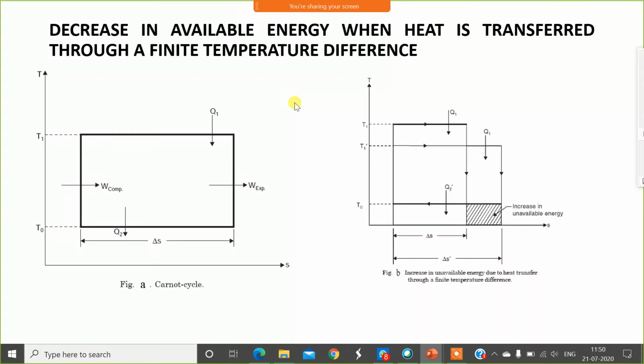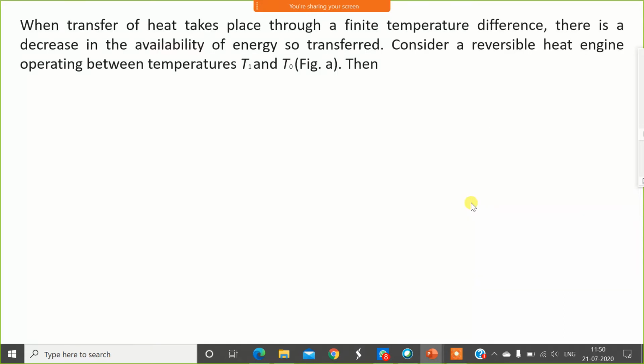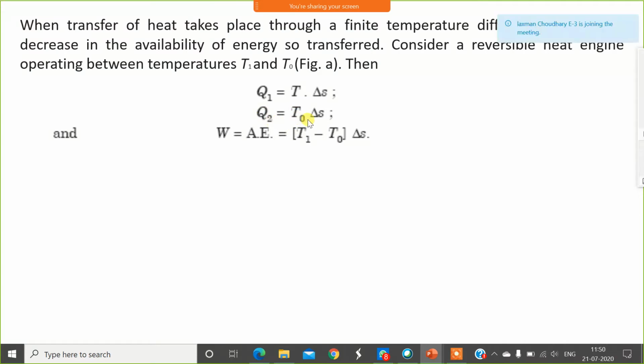Here heat is rejected at temperature T0, and temperature T0 is the atmospheric or the surrounding temperature. Therefore, heat rejected Q2 is the product of T0 into delta S. Therefore, work done is the available part of energy, which is equal to T1 minus T0 into delta S.